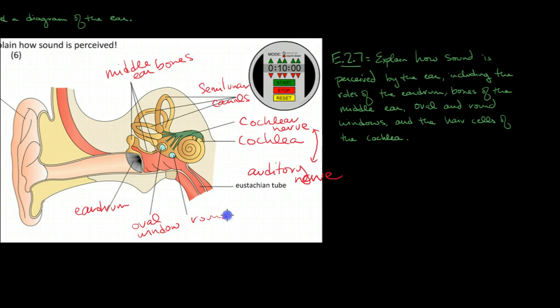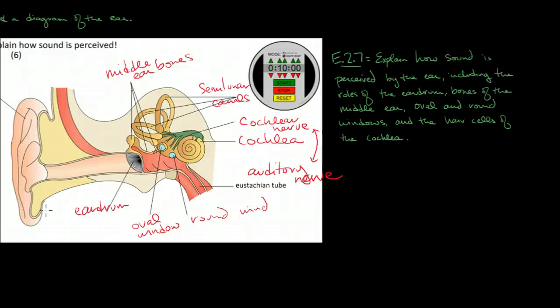Now, the round window dissipates the vibrations so that the pressures of the fluid in the cochlea don't continue to send that signal and overload our brain, but instead they dampen that signal once it has been felt.